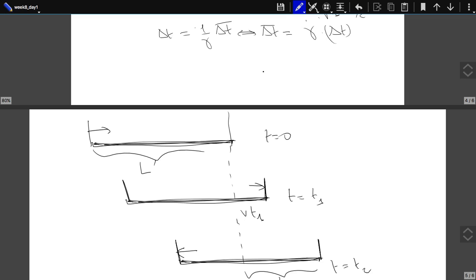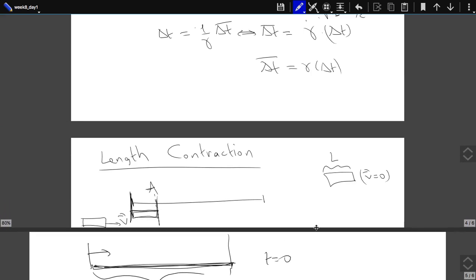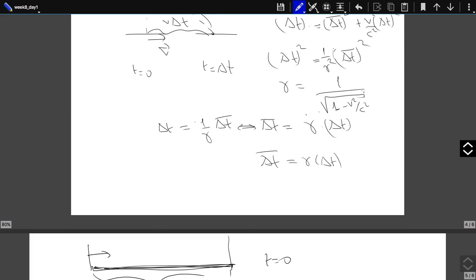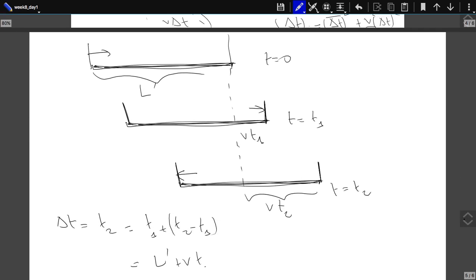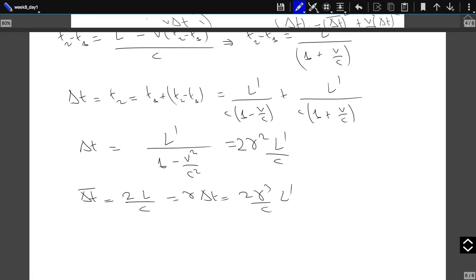Now, let's see. We already know the result, right? So does this result make sense? If the object is moving, the speed v is non-zero, so gamma is larger than 1, and delta t bar is larger than delta t. So this result seems to be correct, right? Now let's look at this result.